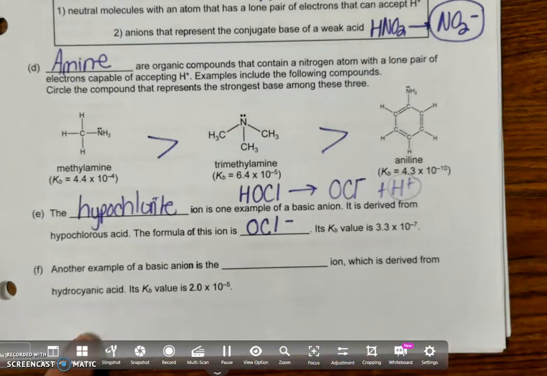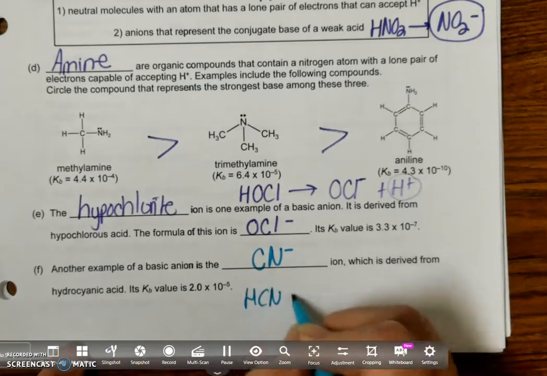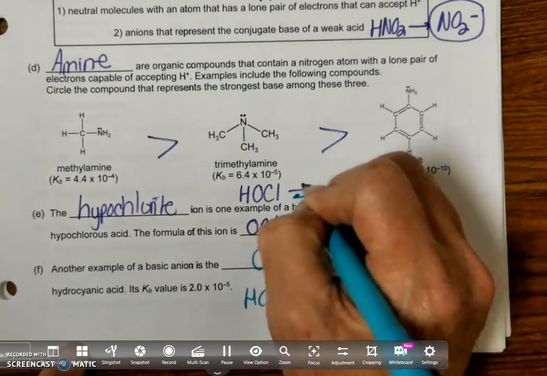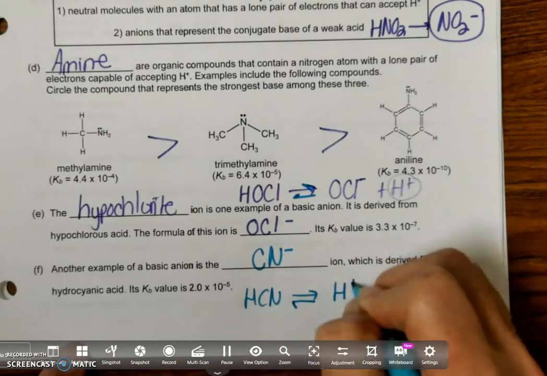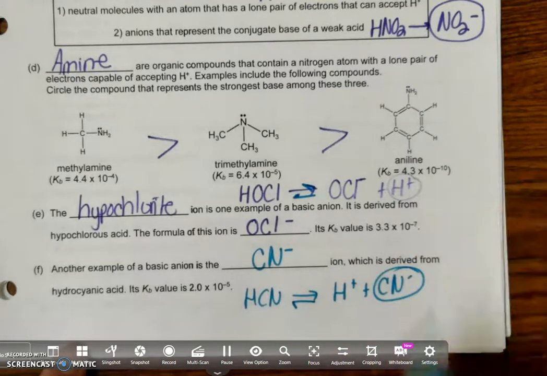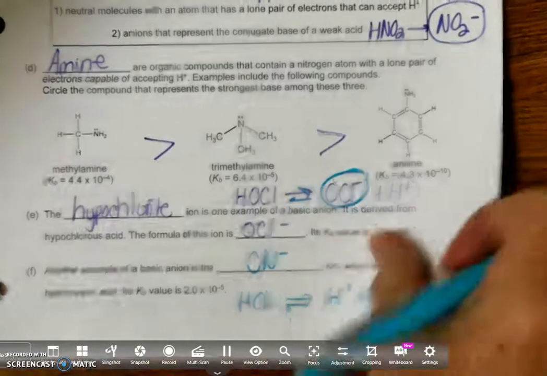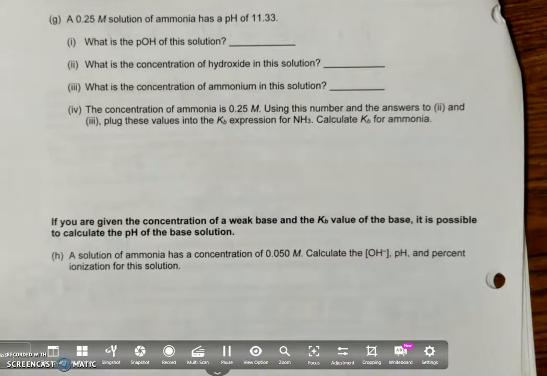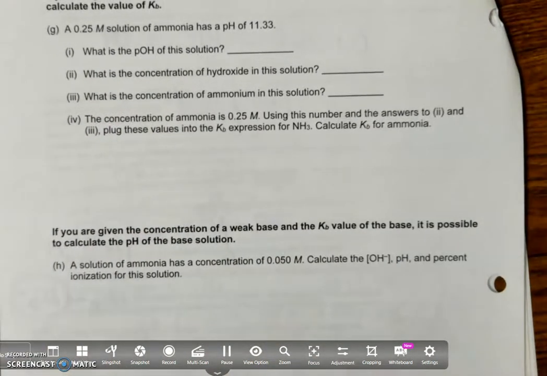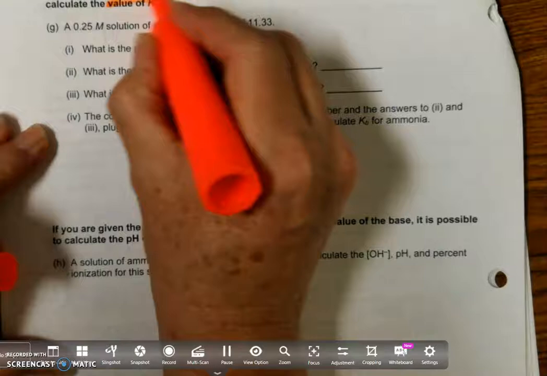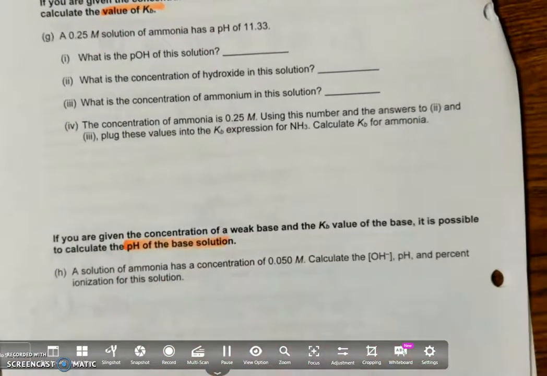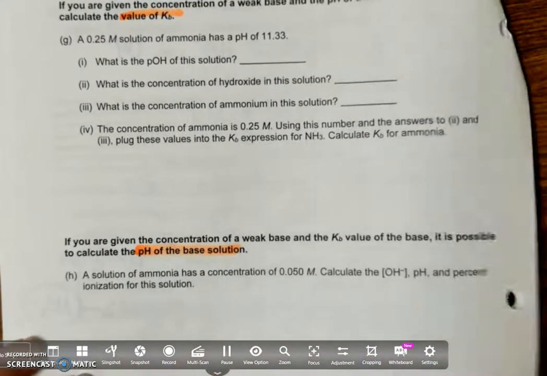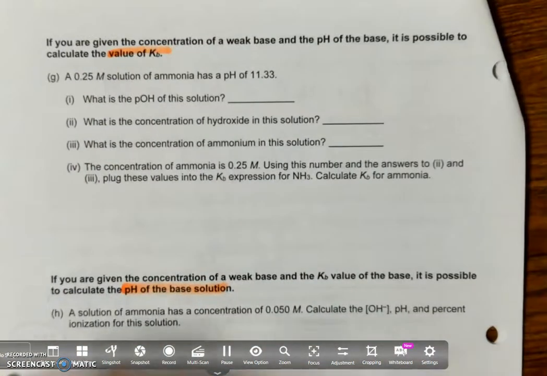Another example would be cyanide ion, which is derived from hydrocyanic acid, where HCN dissociates, and I really should put equilibrium here, to H+ and CN-, and that is our base. Okay, so let's work some problems in a minute. Again, I can calculate the pKa or the pH exactly the same as what we did yesterday, where we calculated both of these types of scenarios.